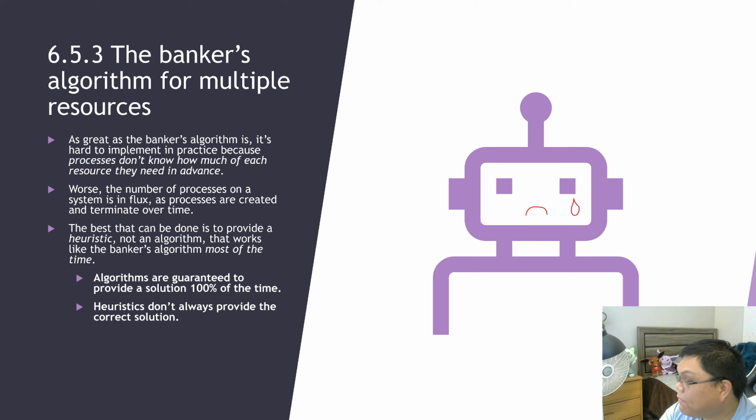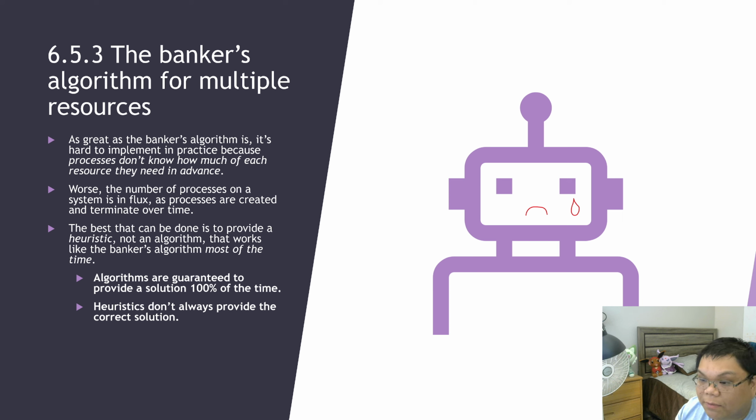The next best thing is to use some heuristic that works like the banker's algorithm most of the time. If you don't know what an algorithm is, it's some sequence of steps that you take, and it will 100% give you a solution every time. If it falls any short of that, that's not an algorithm. That's a heuristic.